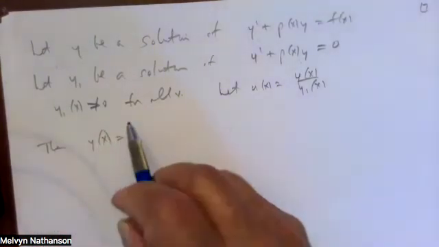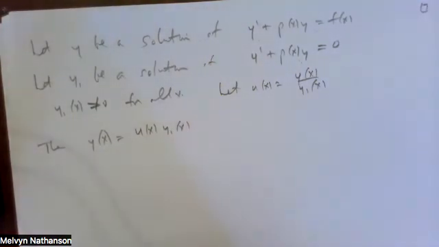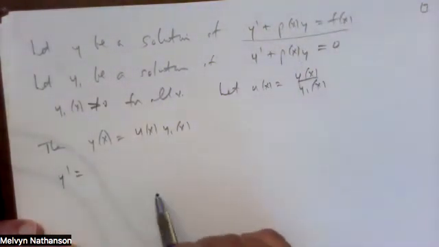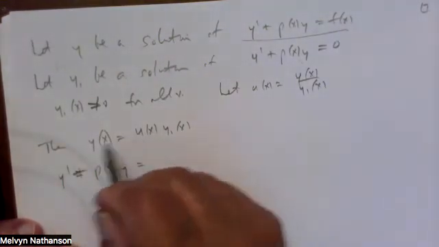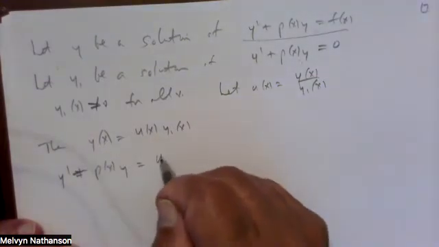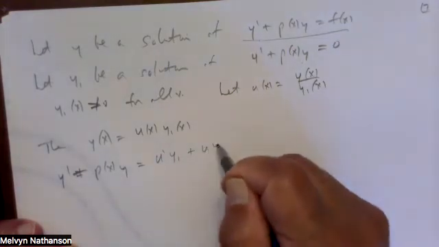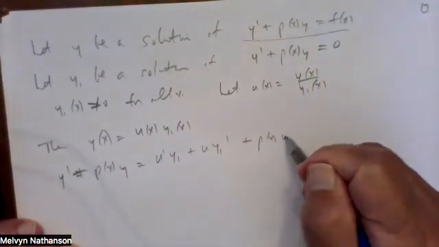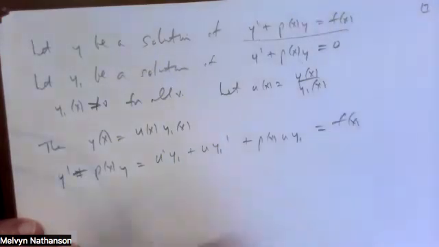So then y of x is u of x times y1 of x, and y is the solution of this differential equation. So y prime plus p of x y: differentiate y, you get u prime times y1 plus u times y1 prime, plus p of x times y, which is uy1, equal to f of x, because y is a solution of this differential equation.